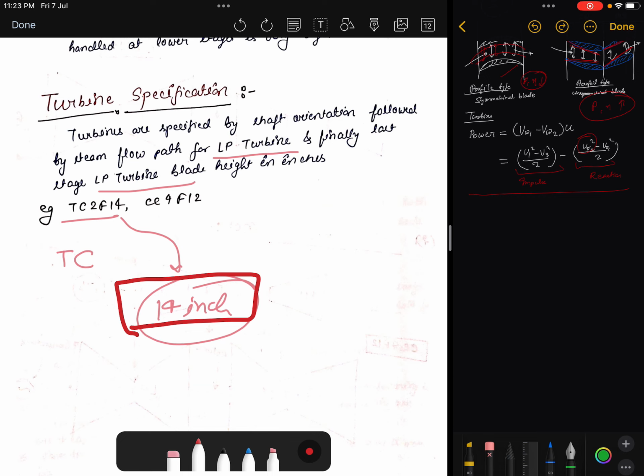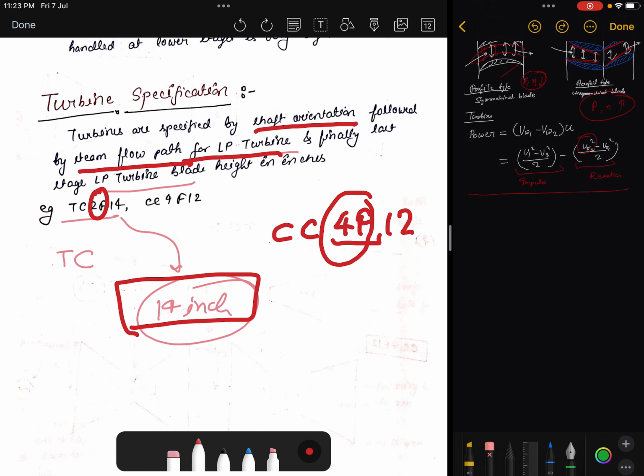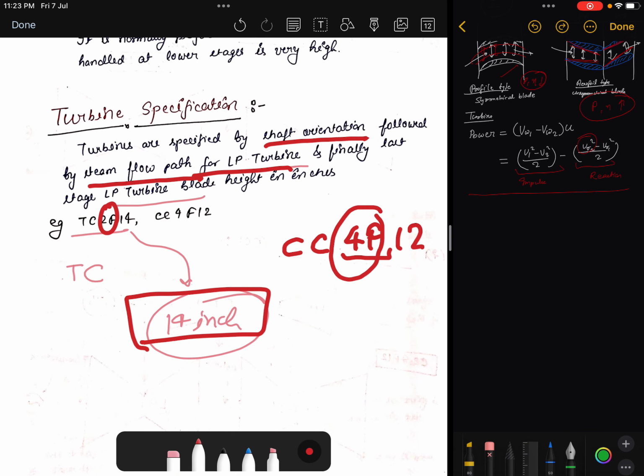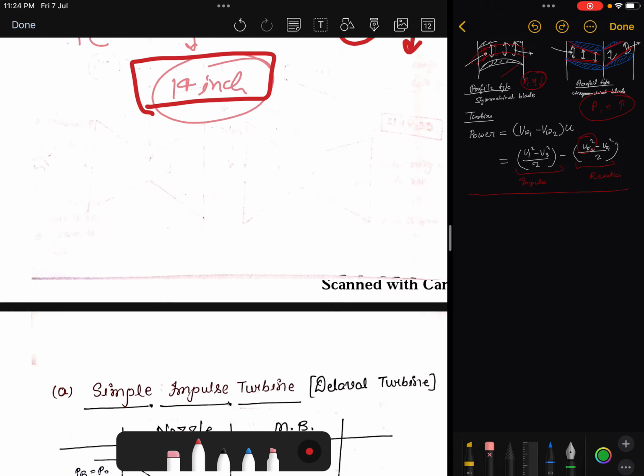It is the shaft orientation followed by the steam flow path for the low pressure turbine. Like CC4F14, cross compounded: 4F is the shaft orientation followed by steam flow path, and 14 is the blade height in inches.